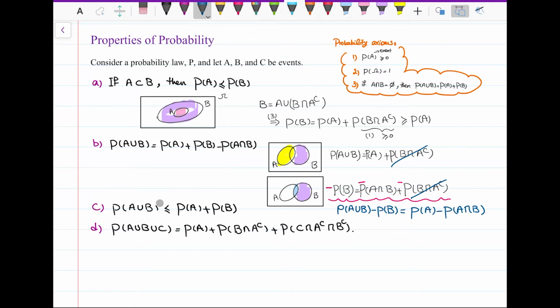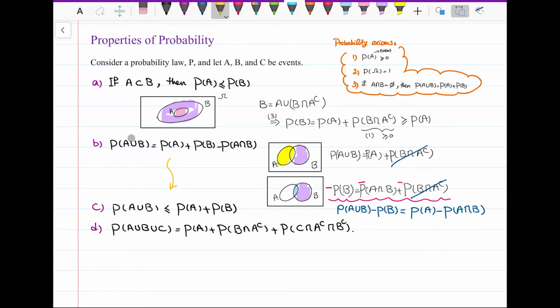Great. How about the next one? Probability of A union B is less than probability of A plus probability of B. This is obvious based on part B. Why? It's just because, as you see, probability of A union B is probability of A plus probability of B minus something positive.